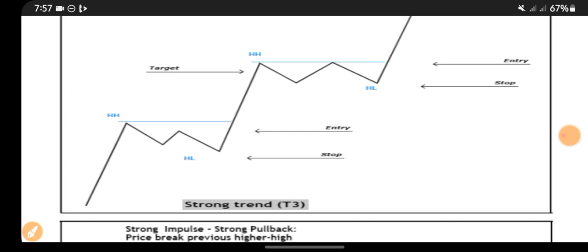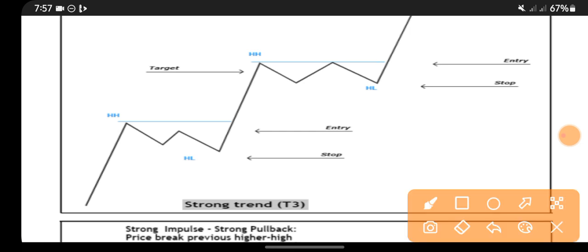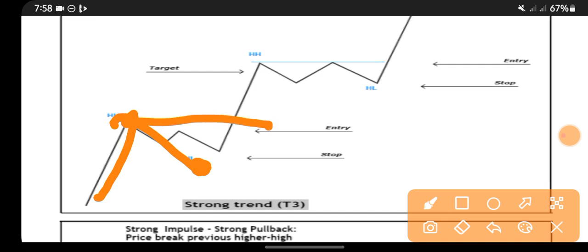So in this kind of trend, how do you take a position in an uptrend? In taking a position in a strong trend, anytime the price makes a higher high, what you have to wait for is for the price to make a higher low. And then when the price makes a higher low, you buy. How do you buy? As a beginner, you wait for the price to break this one.